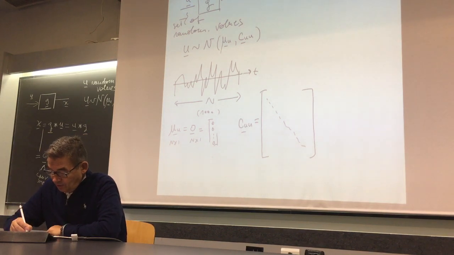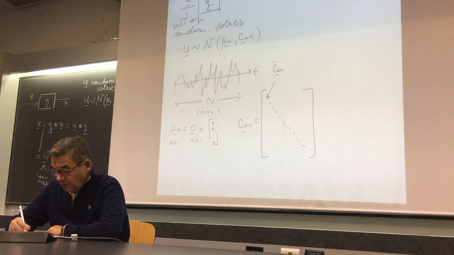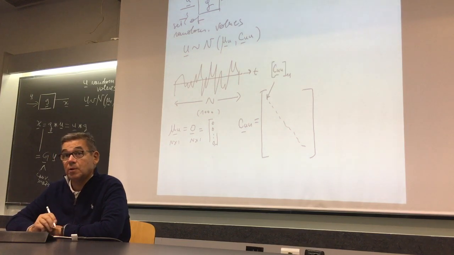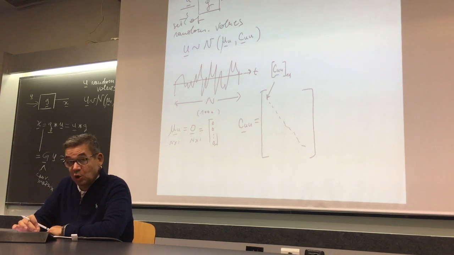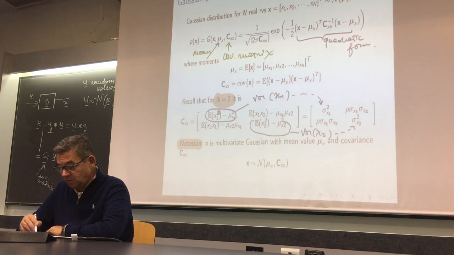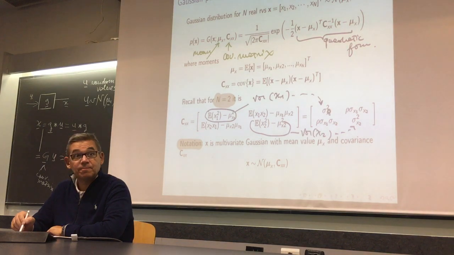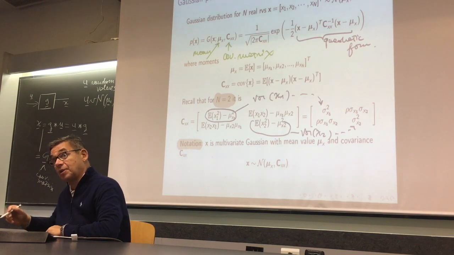The entry C_uu with label 1,1, the covariance matrix entry at position 1,1, corresponds to the expectation of the variable minus the mean squared, which is the variance. So along the diagonal, I read the variance.